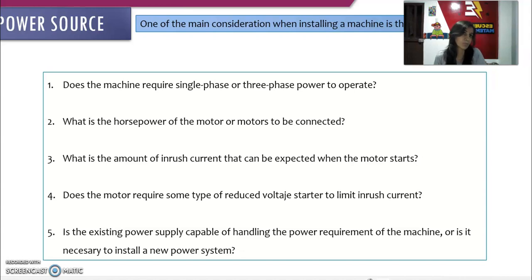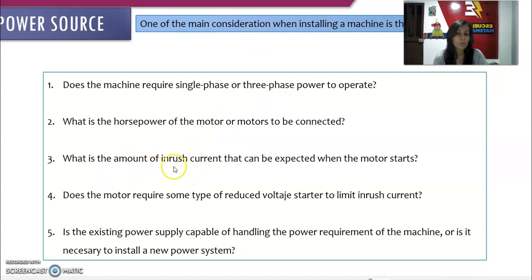Maybe you just need to protect the motor and start it directly. But if it is on a bigger scale, you're going to need to add more devices that we're going to see later. So it is important also to see how many motors you are going to connect.